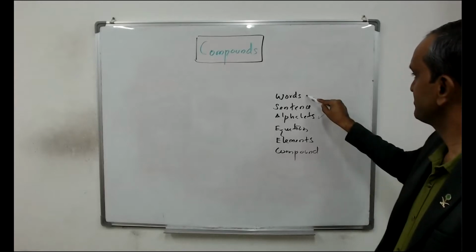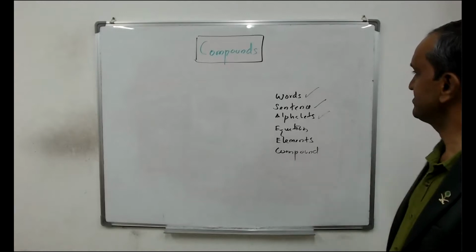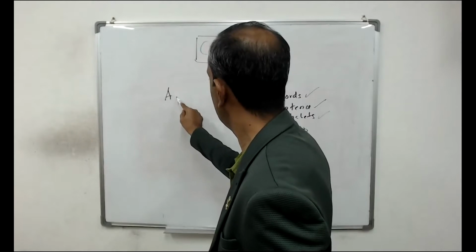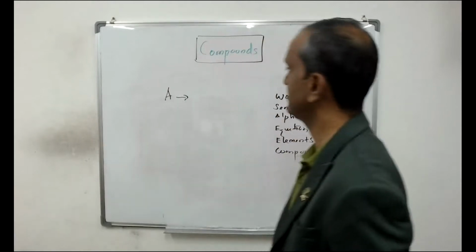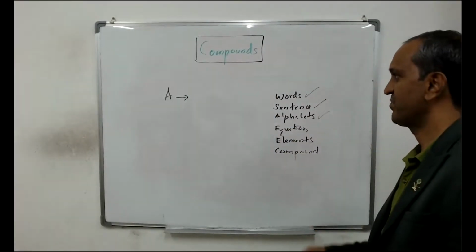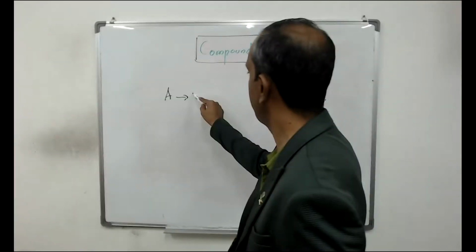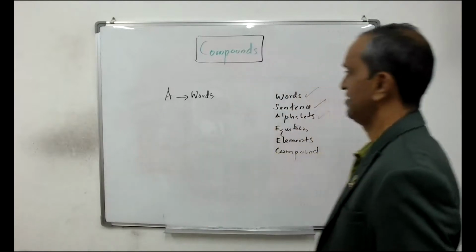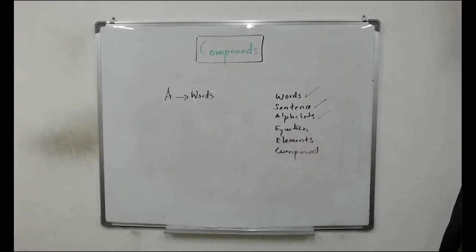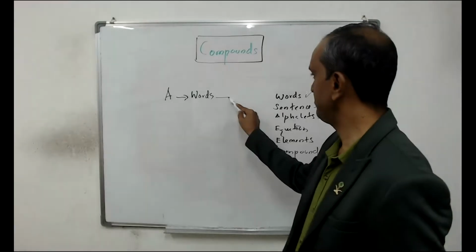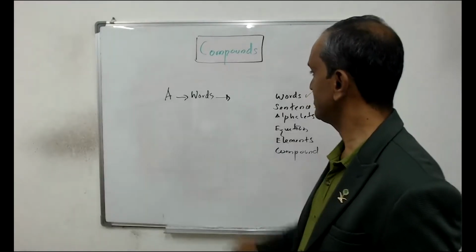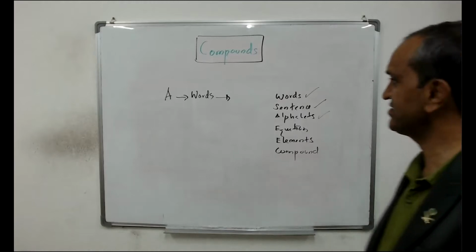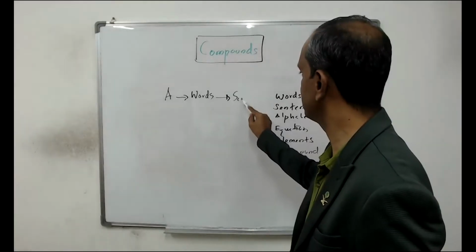Alphabets, words, sentences. Alphabets join together with certain rules to form words. And a collection of words, put in a certain order, following syntax or semantics, forms sentences.